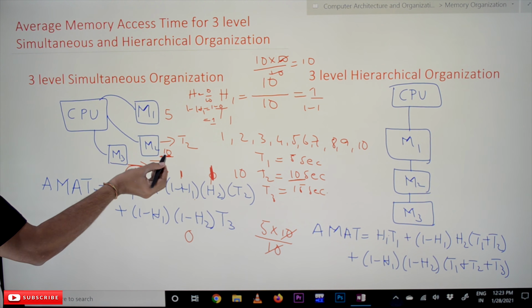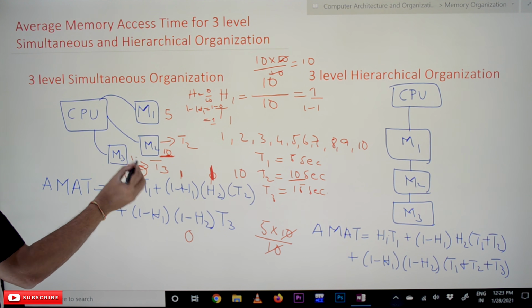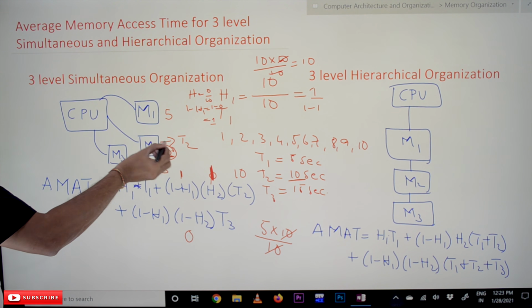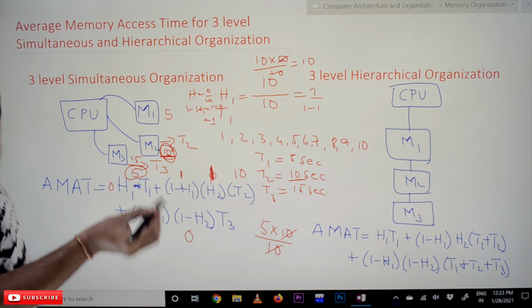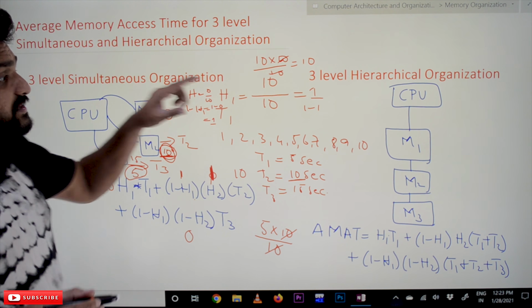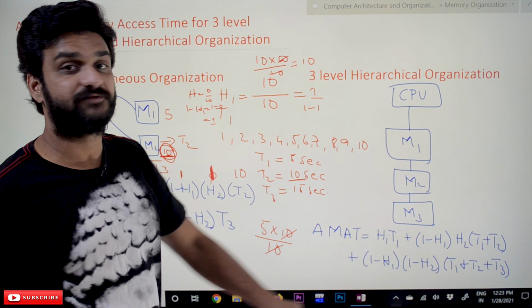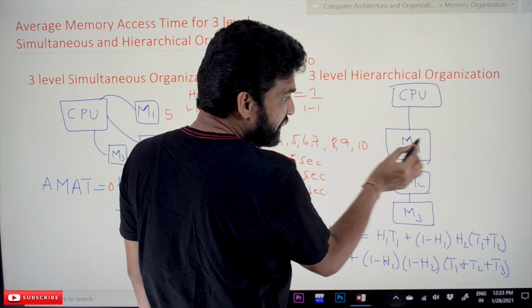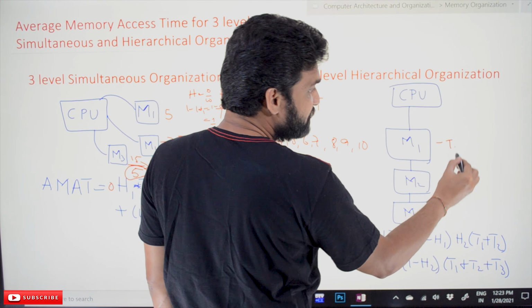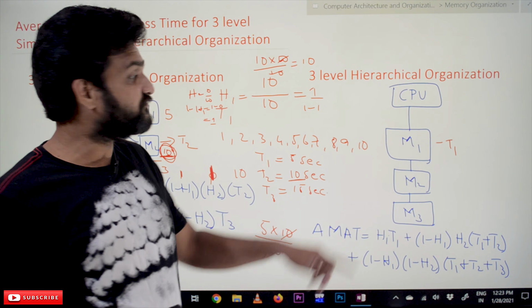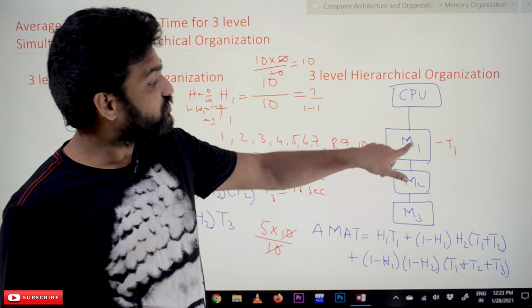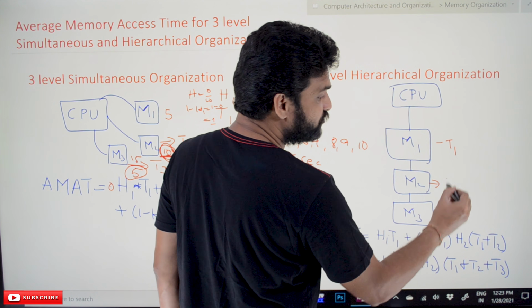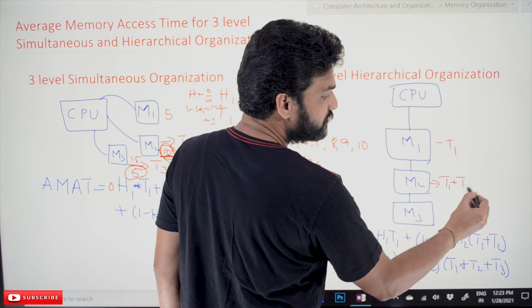For example, if the request is provided in this memory and the access time is 10, this 10 is counted and this 15 will not be counted, because the request is identified in this memory. But in hierarchical organization, first we spend T1 on this memory. After that we find the request is not there, so we go to M2, and to get the value from M2 it is T1 plus T2.